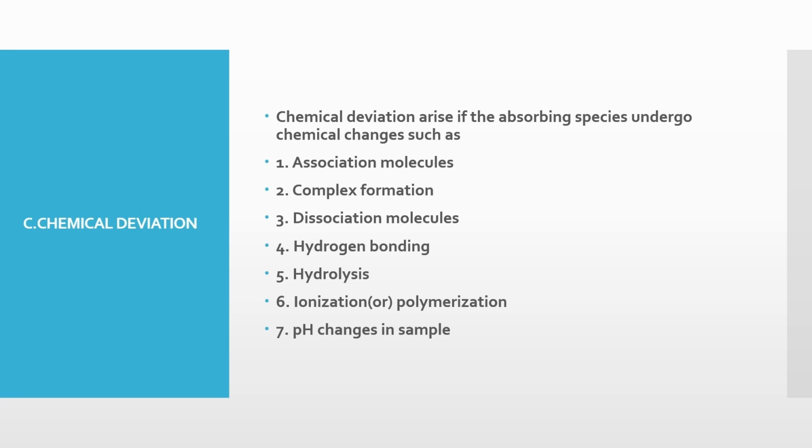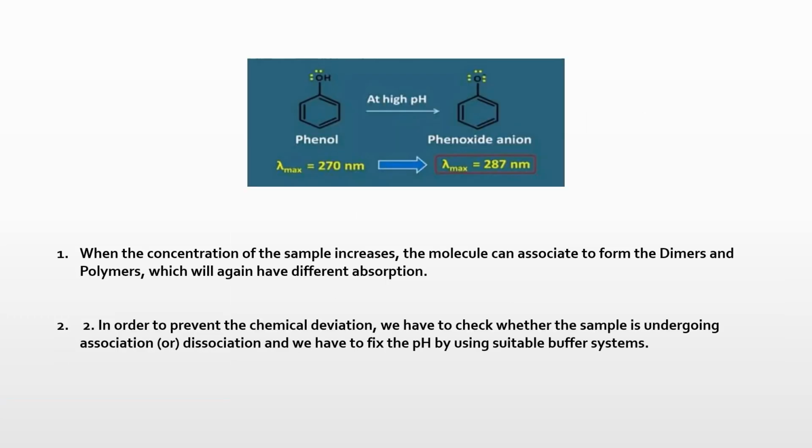Ionization or polymerization, 7. pH changes in the sample. When the concentration of the sample increases, the molecules can associate to form dimers and polymers, which will again have different absorption. In order to prevent chemical deviation, we have to check whether the sample is undergoing association or dissociation, and we have to fix the pH by using suitable buffer systems.